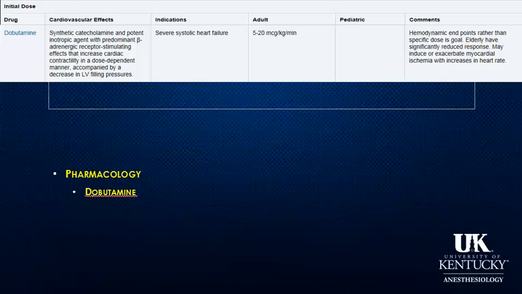It is in fact a racemic mixture of DL dobutamine with alpha and beta effects. The essential effect of dobutamine is that it is a beta agonist and is typically administered in dosages of 5 to 20 mics per kilo per minute and is titrated to clinical endpoints.